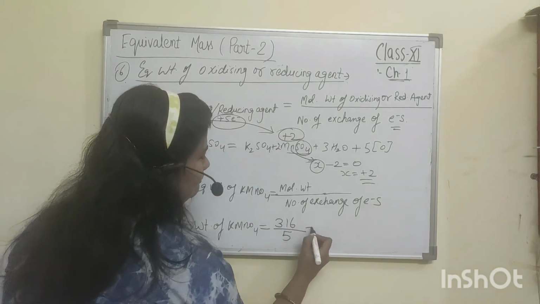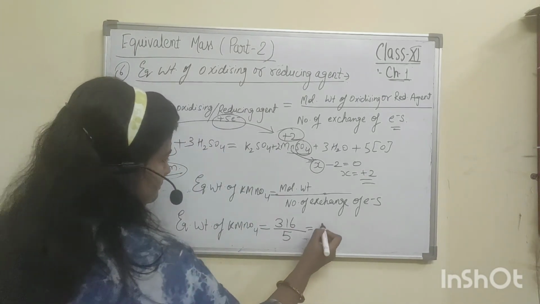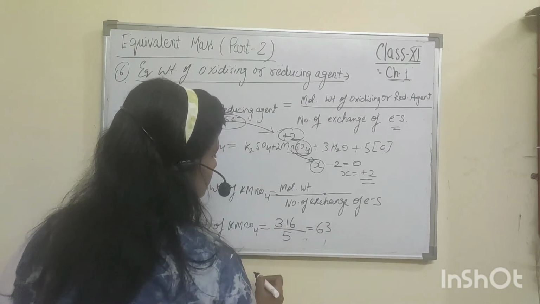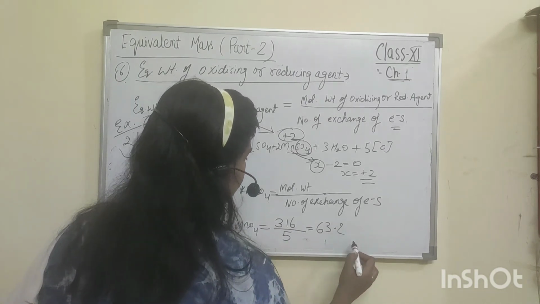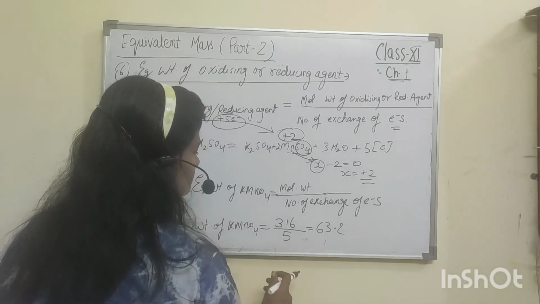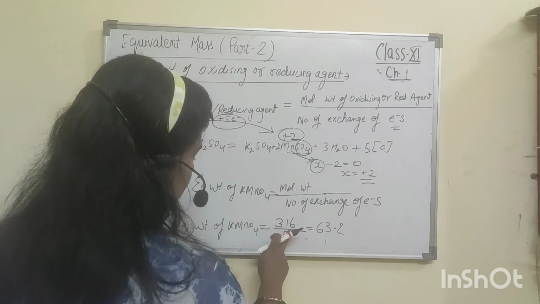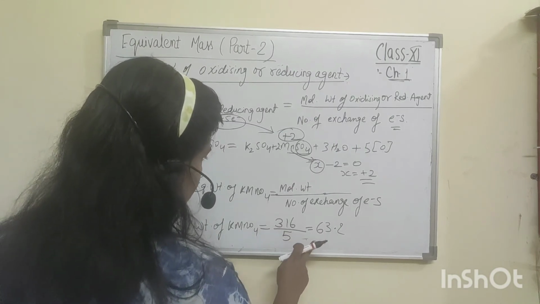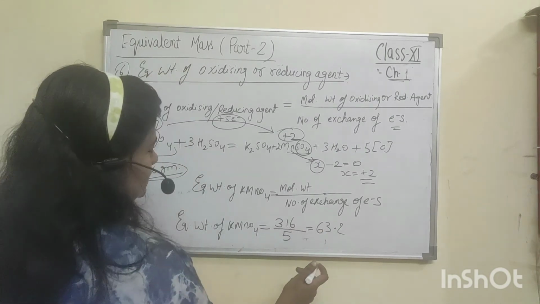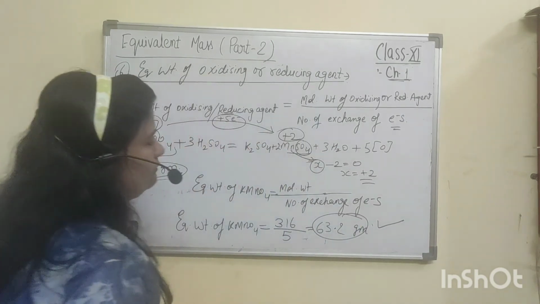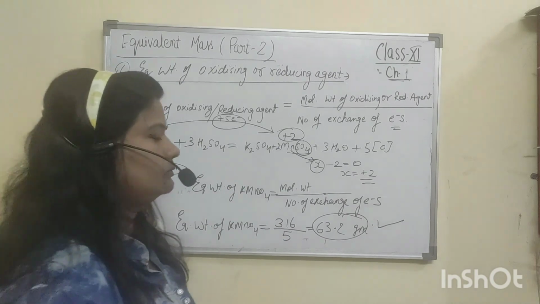That gives 63.2 grams. Okay, this is the equivalent weight of KMnO4.